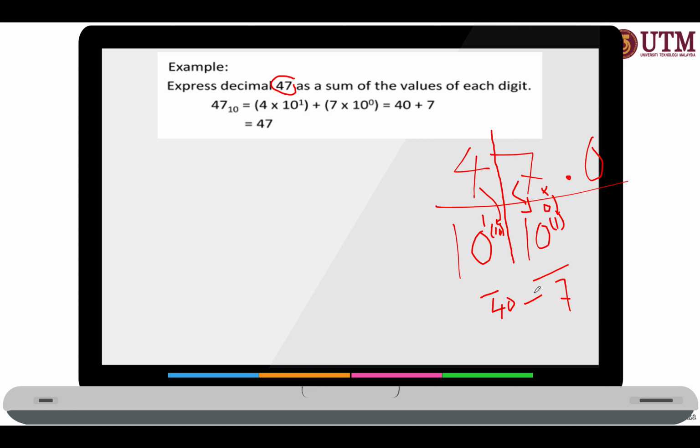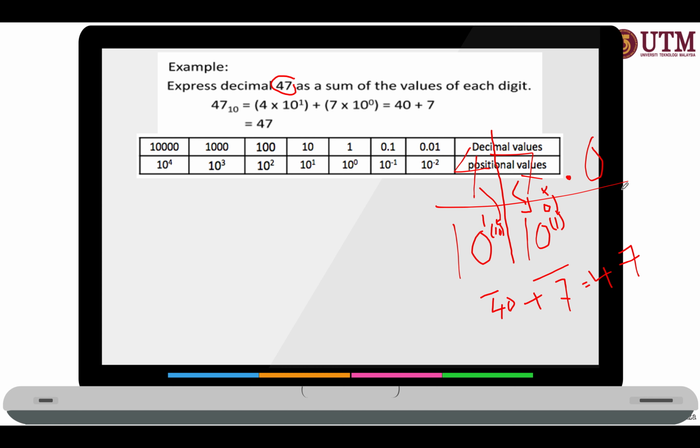Now you add 40 and 7, you get 47. So this is how you calculate every single decimal value.